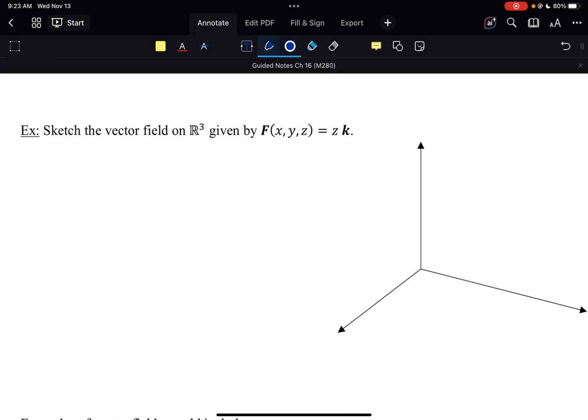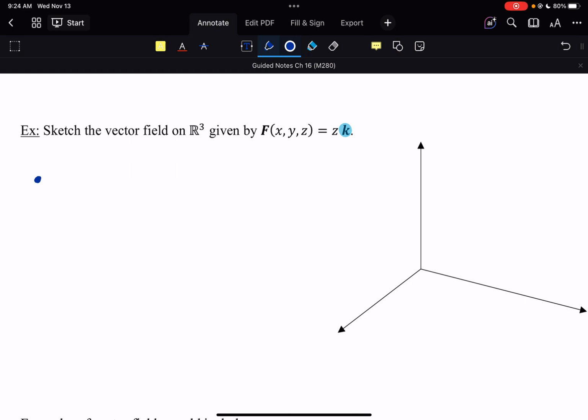Sketch the vector field on R3 given by f of x, y, z equals z k. So I want to make a few observations about this before we actually graph it. The first thing to notice is the only component here is the k component. So what does that mean for i and j? Well, it means that i and j are both 0.